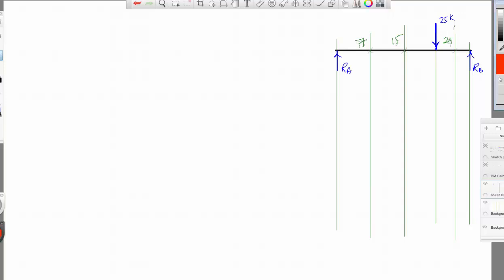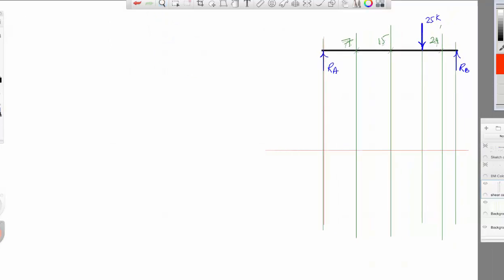So again our diagram will be as, say, this is the x, which is distance, and this is shear. So this is shear force, and this is distance.